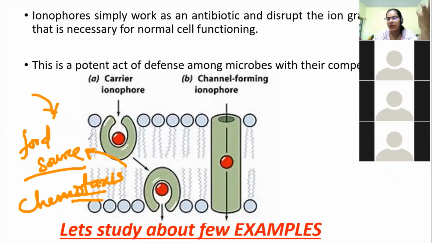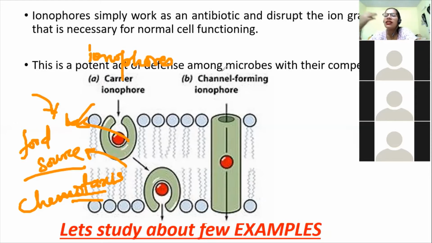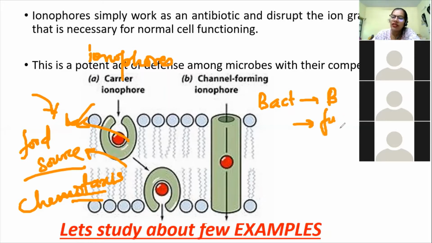Many will come, correct? So when they all come, now there is a competition over who can have the entire food source. At that time they start releasing these kinds of antibiotics or the ionophores, depending on the condition, so that the other organisms will be killed. Bacteria will have competition with bacteria, and they can have it with fungi also.